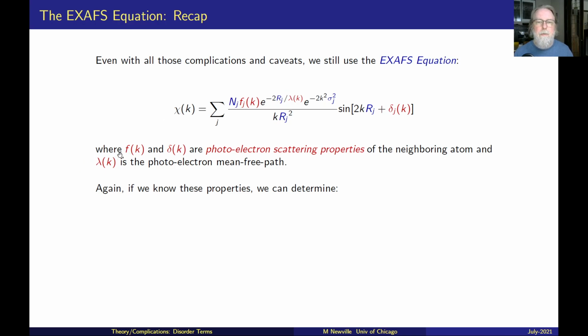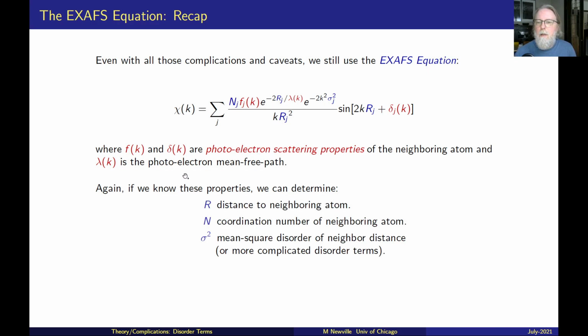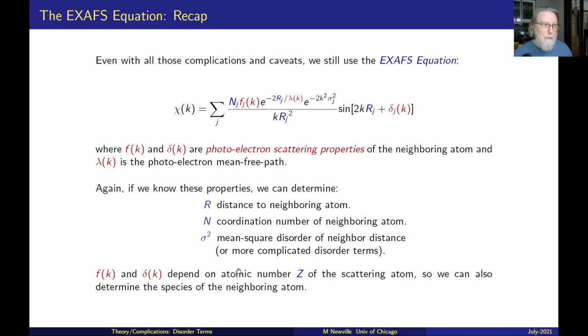If we know these terms, F and delta, the photoelectron scattering factors for the neighboring atoms, and we know lambda, we can determine characteristic values for distance to the neighboring atom, coordination number, and mean square disorder of the neighboring atoms, or some more complicated terms for describing the disorder. And because F and delta depend on the atomic number, we also have some specificity in the neighboring atom type.